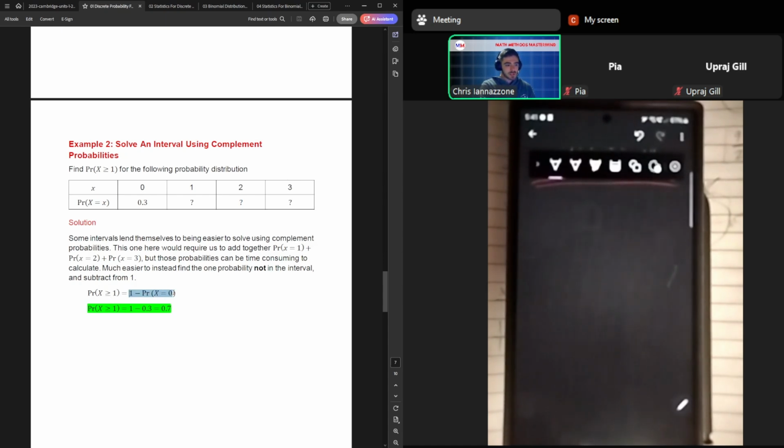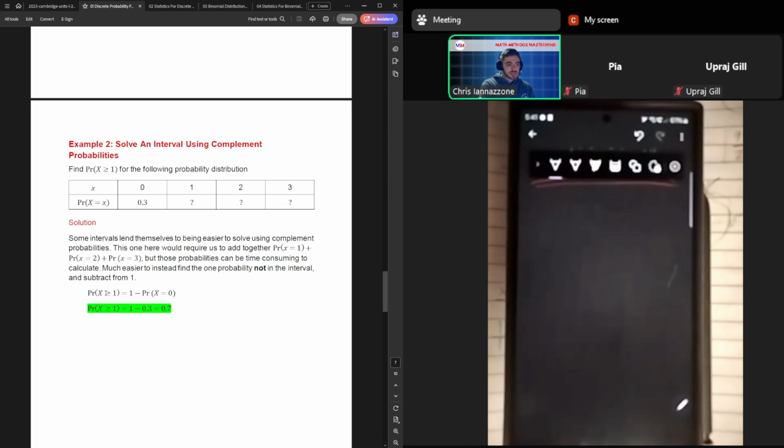What that looks like mathematically speaking is that you can change this inequality, saying x is greater than or equal to 1, and you can flip it by saying 1 minus everything that's not part of this. So this is everything that is part of the inequality. Complement probability says you can do 1 minus everything that's not, which would just be this.